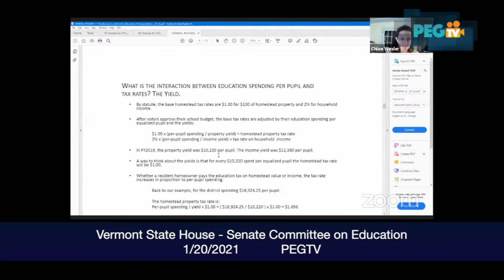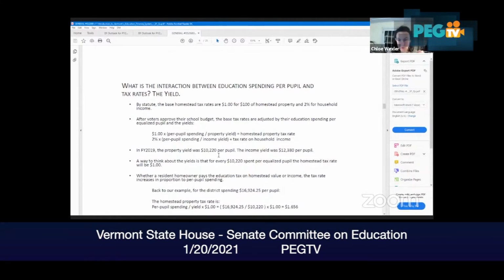That is the yield. So the yield is essentially the amount of education spending you can achieve with a tax rate of $1. Rephrasing one more time, for every $10,220 spent per equalized pupil, the homestead tax rate will be $1.